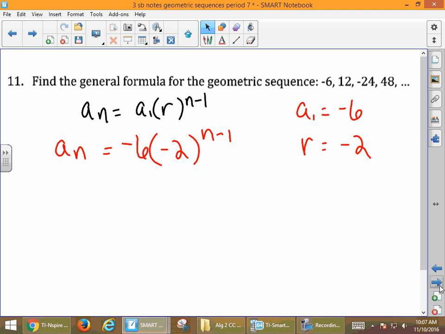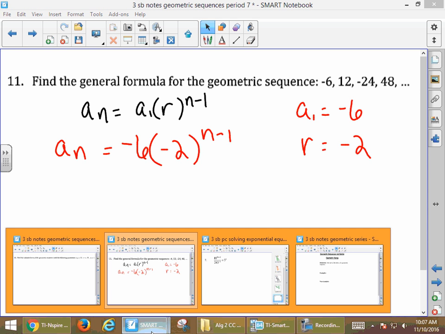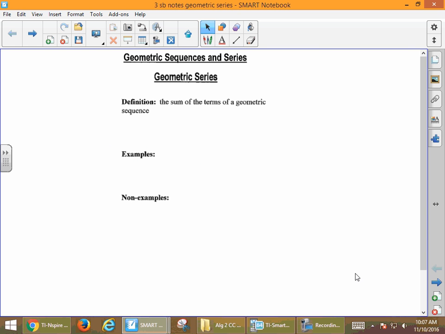I want to flip back over now to the front page of your notes and look at just a little piece of the right side of your notes. A geometric series is the sum of the terms of a geometric sequence.